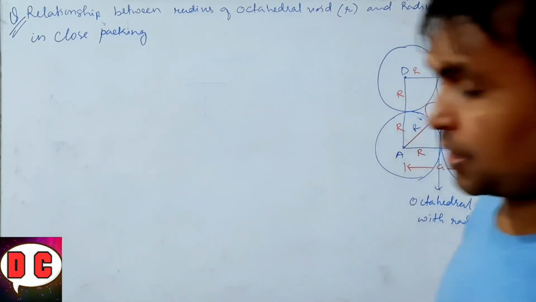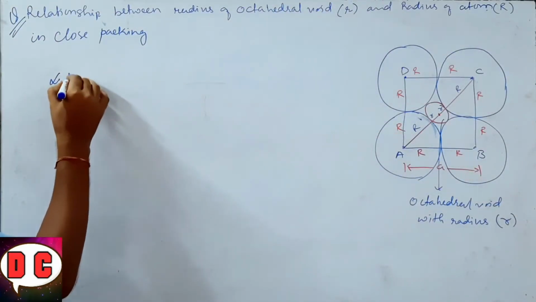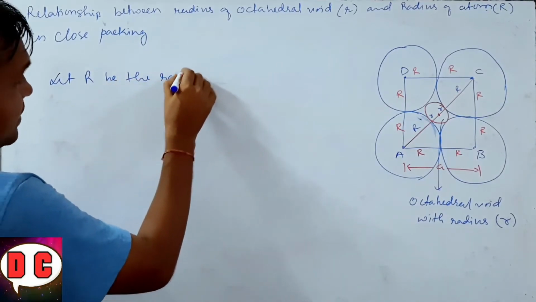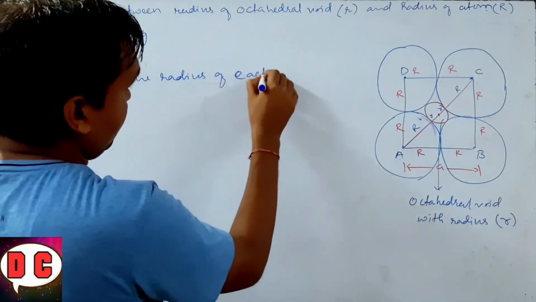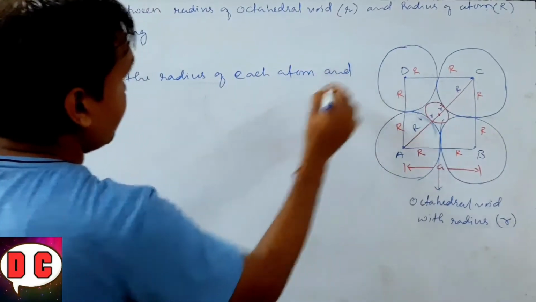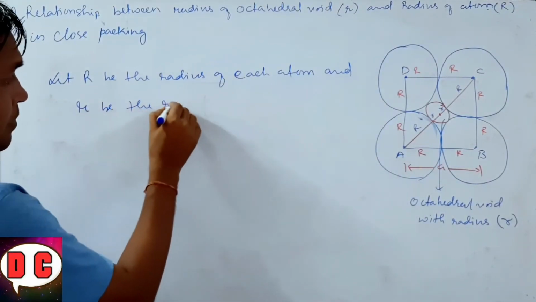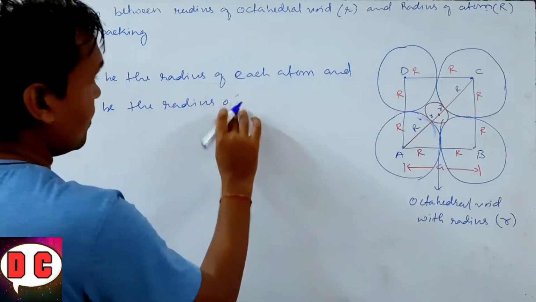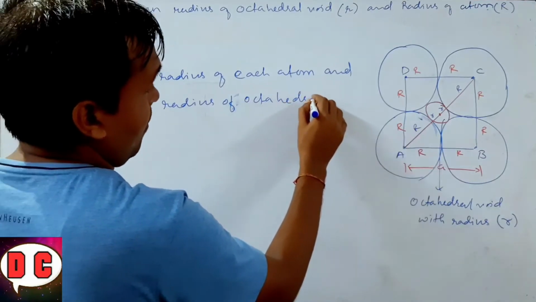We'll write here, let R be the radius of each atom and small r be the radius of the octahedral void.